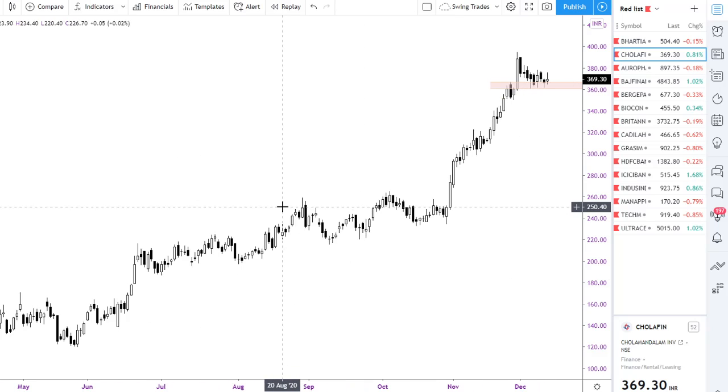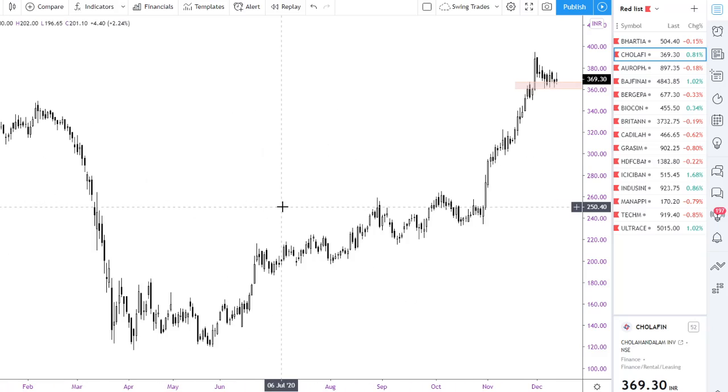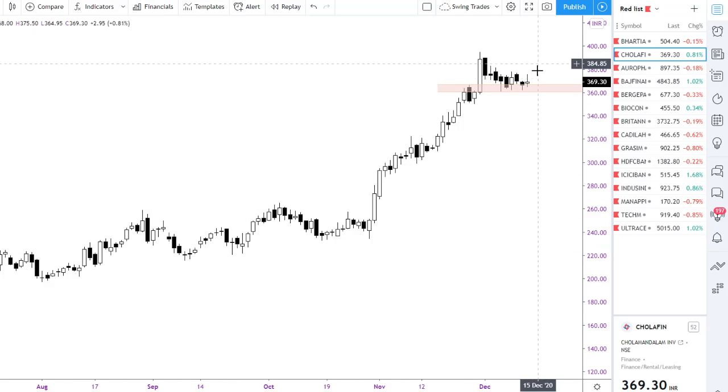Obviously it is completely in uncharted territory, as Chola is making new highs here. So we are expecting some sort of buying opportunity in this zone, and then look for a continuation of the uptrend. This is another stock we'd be interested in, and it is actually in the zone, so we just want an opportunity that we can work on.